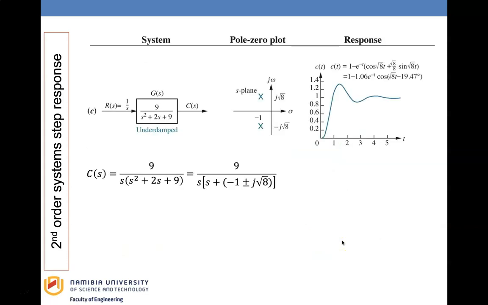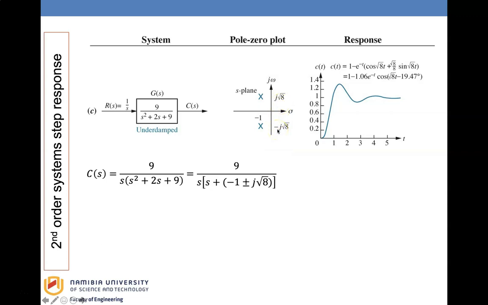Now let's change a and make it equal to 2 while keeping our b the same at 9. This will give us two poles which generate the natural response of the system, and these poles are located at s equals minus 1 plus or minus j square root of 8.